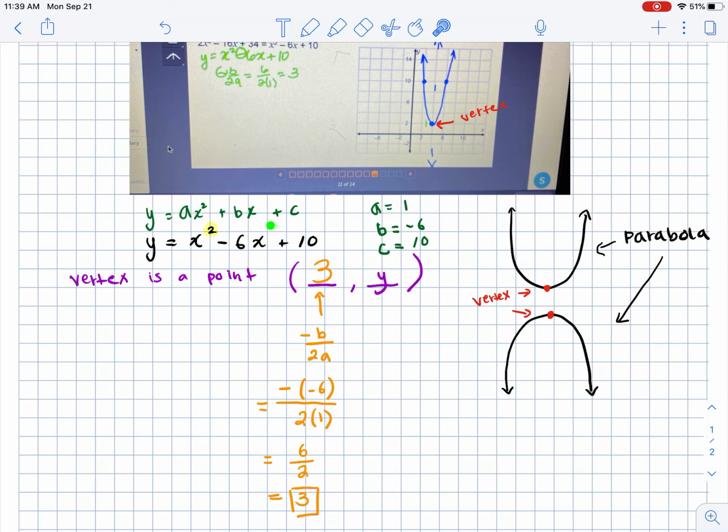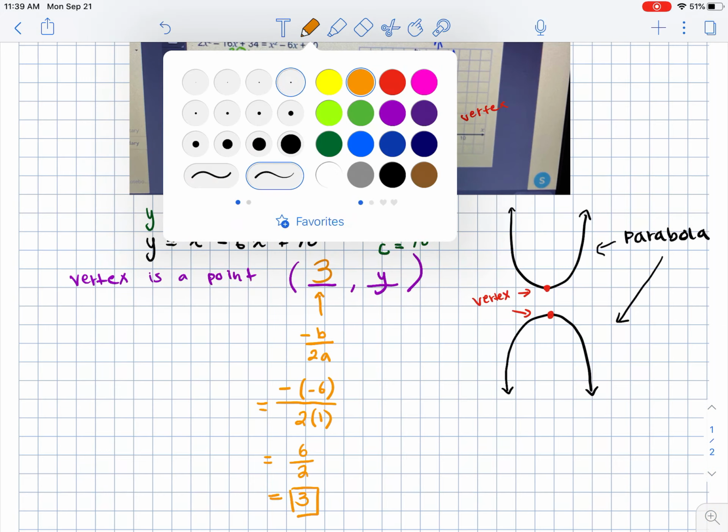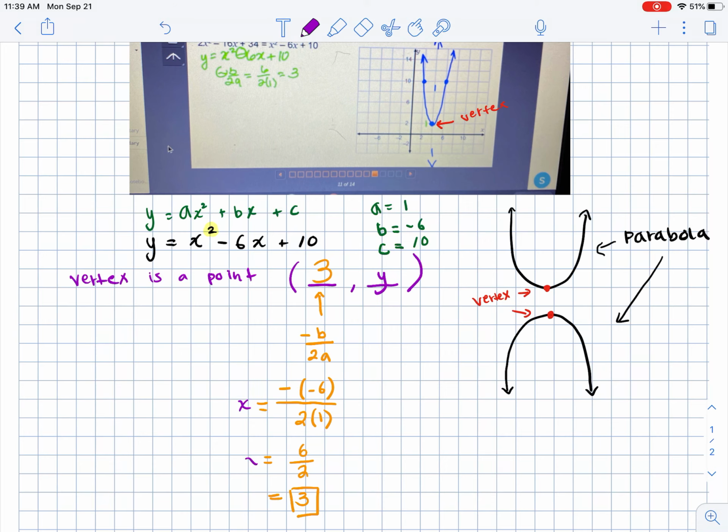If you refer back to this equation right here, you'll see variables x and y. After all this work we did in orange, we were able to figure out what x was, because this whole time we were solving for the x. Since we obtained the x, if we substitute this 3 back in here, we'll be able to solve for the y.